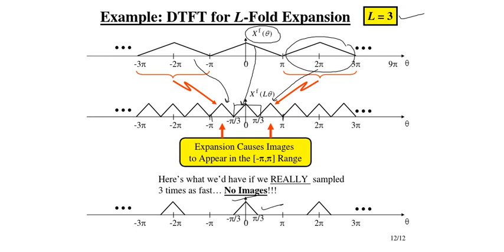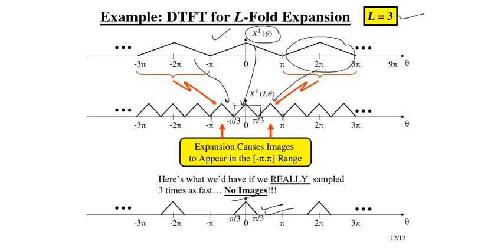If you see this particular spectrum, when you compare with this one, we are actually sampling it 3 times faster than the original sampling rate, right? So what we saw is that here we need a filter after interpolation to avoid the aliasing. Otherwise, if you see there is one more replica here.